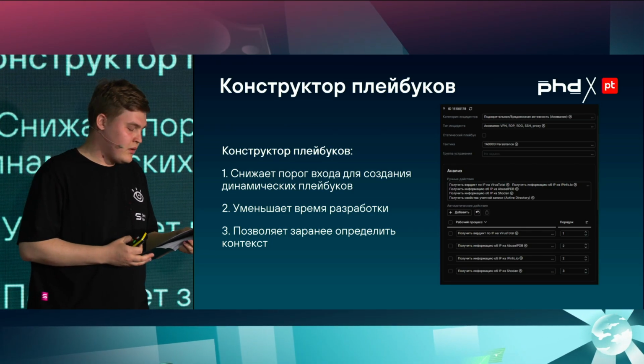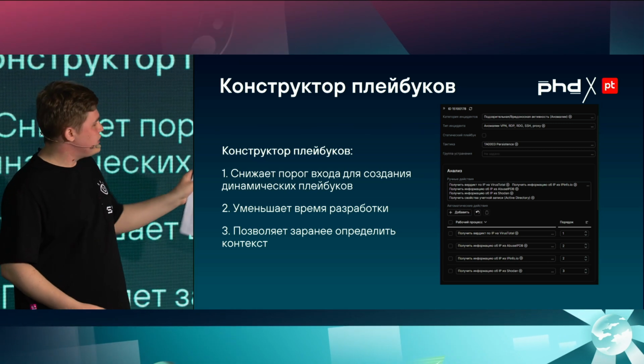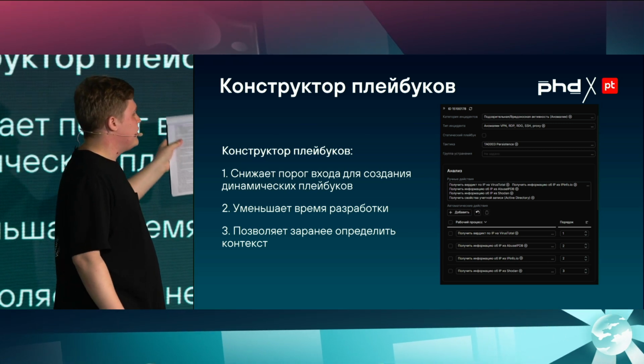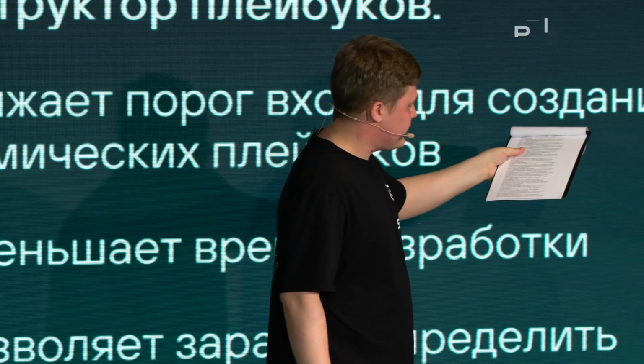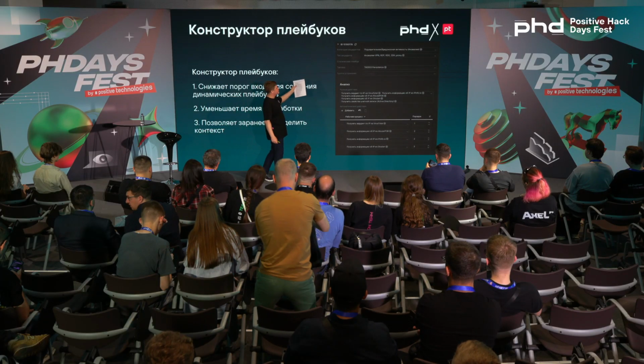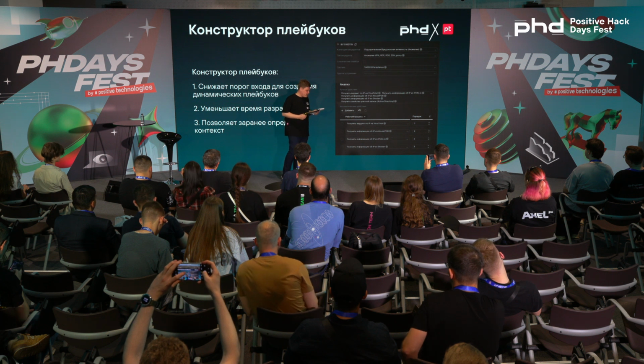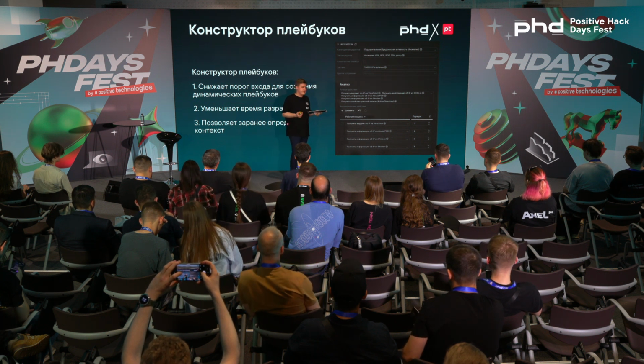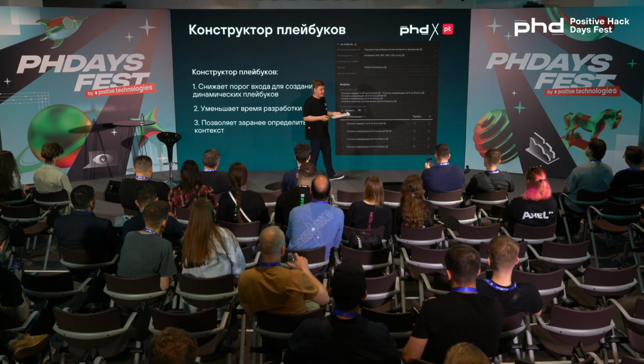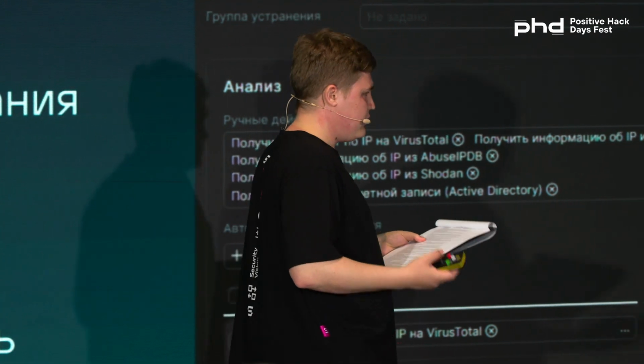It's very easy to build. You just have to show the sequence of automated actions, then whatever will be the manual actions at each stage of the incident, and we are looking into the context of the incident. It's also going to speed up the playbook development time and introduction.